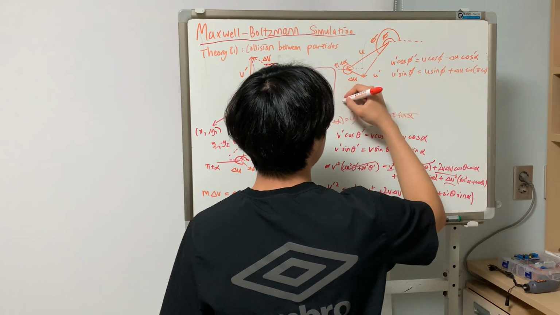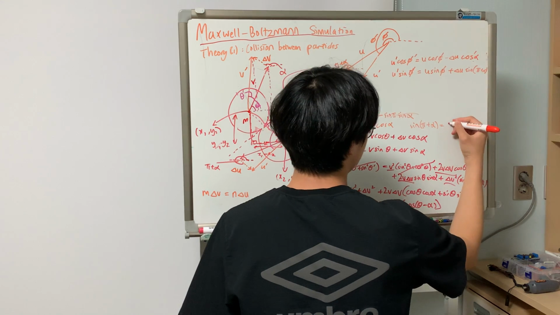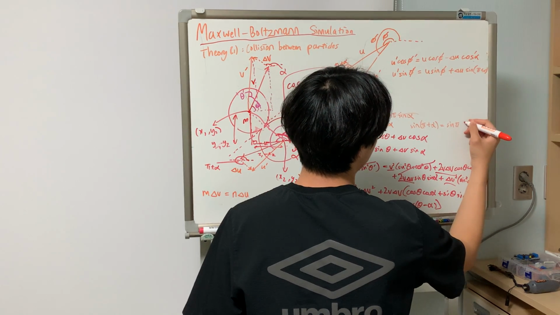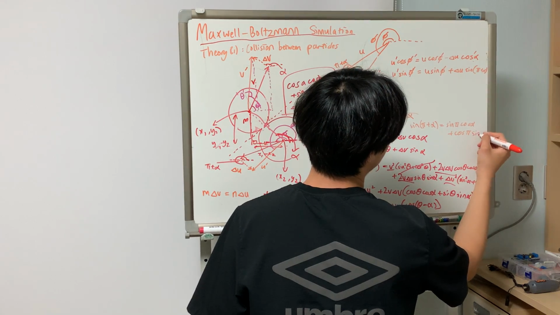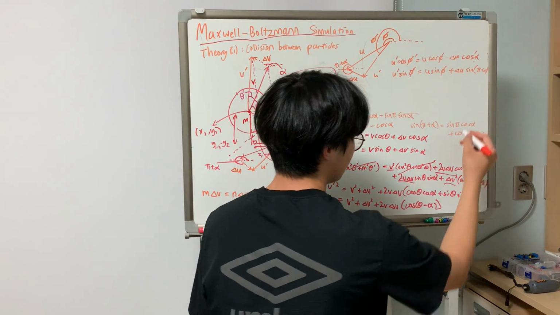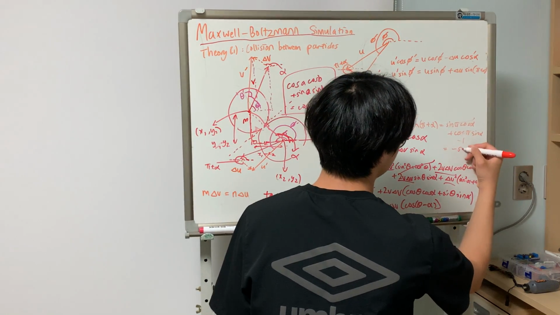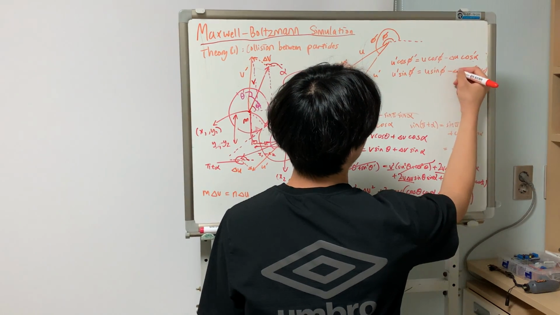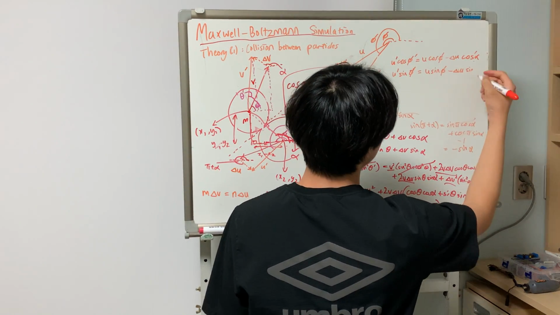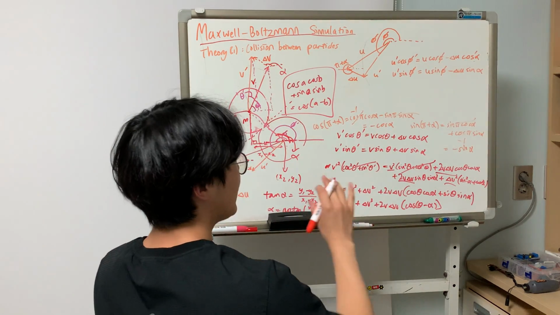Sine of pi plus alpha yields the same kind of thing: sine pi cosine alpha plus cosine pi sine alpha. Sine pi is equal to 0, and cosine pi is equal to -1, so it is minus sine of alpha. So we have minus delta u sine alpha.